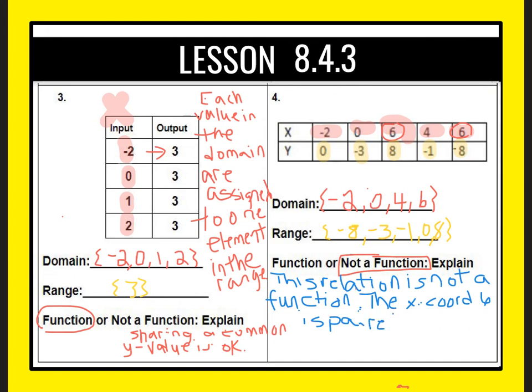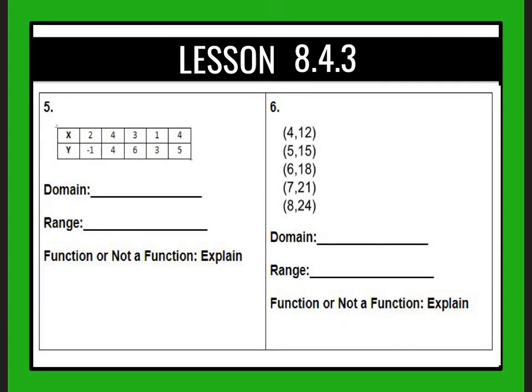It is paired with an 8 and a -8. So it's paired with more than one y value, and according to the definition, it can only be assigned one y value. So the x-coordinate of 6 is paired with 8 and -8. Therefore, this relation is not a function.